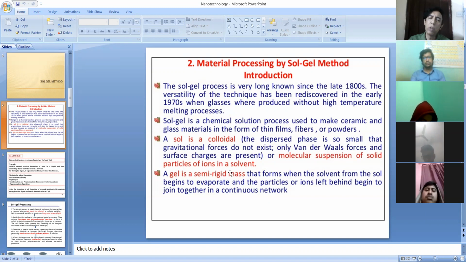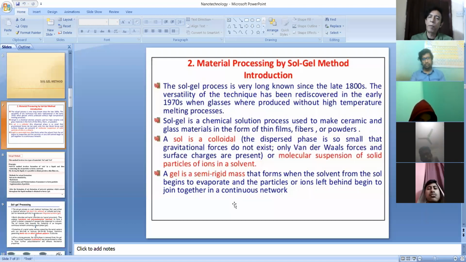So what is a sol? A sol is a colloid. That is, the dispersed phase is so small that gravitational forces do not act on it. You have studied the colloid.